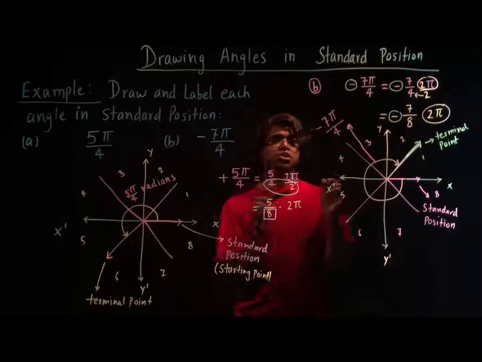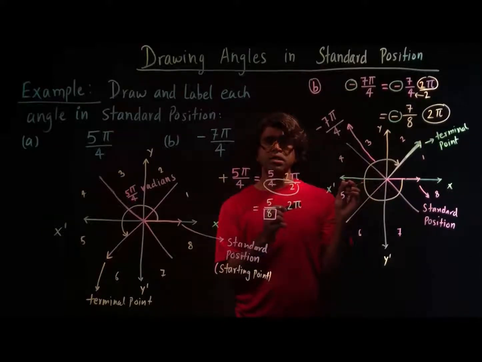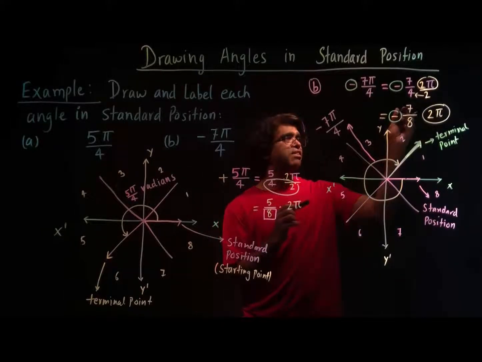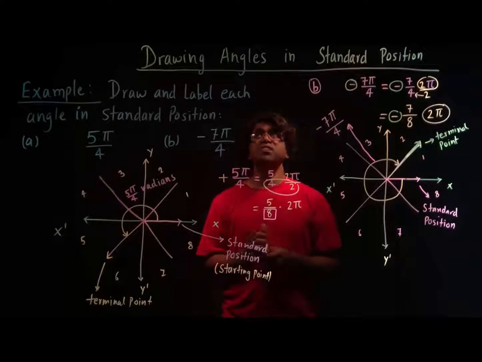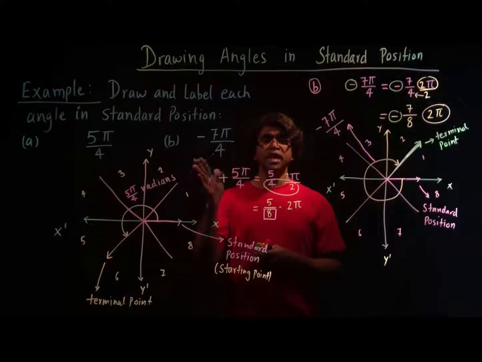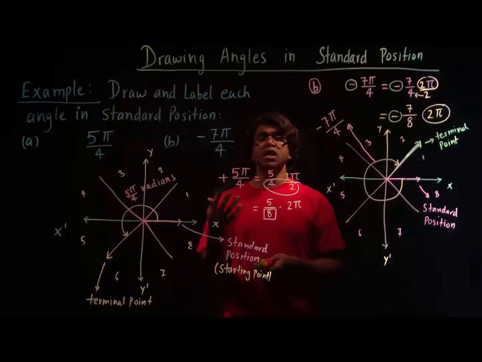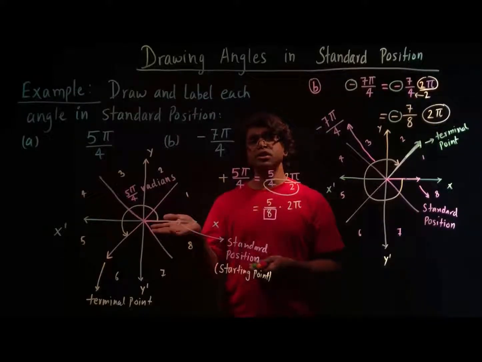Just to remind you, the angle is negative, so we are going clockwise, and we are considering 7 out of 8 parts. This is how we can draw the angles in standard position without converting the angles from radian to degree.